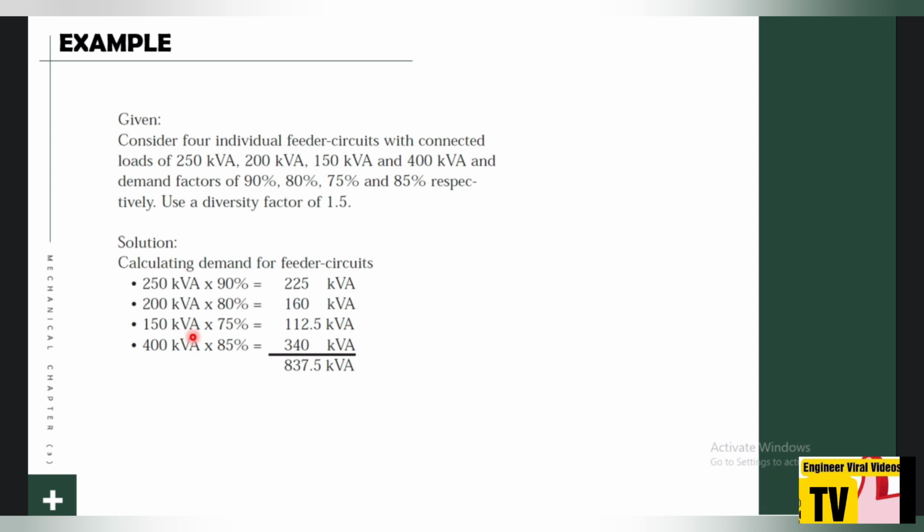See here in the solution, we take the first value of the kVA and multiply by the demand factor. This is the connected load. 250 multiplied by 90% equals 225, and 200 multiplied by 80% equals 160 kVA. After the multiplication, he made a summation of the loads, and the solution will be 837 kVA.